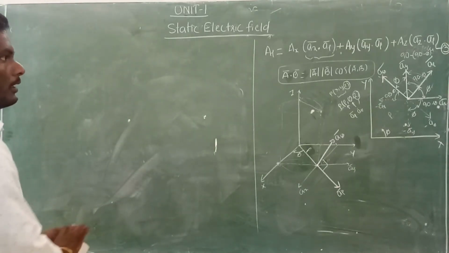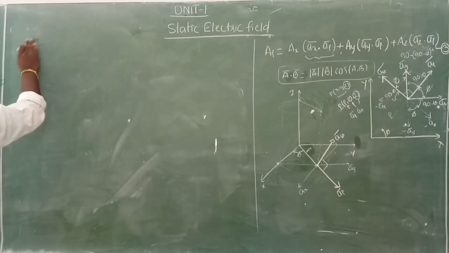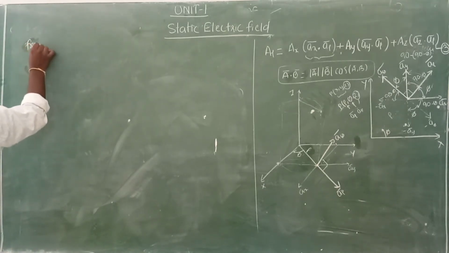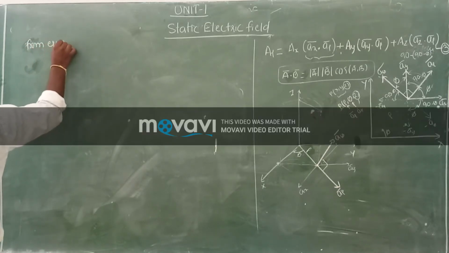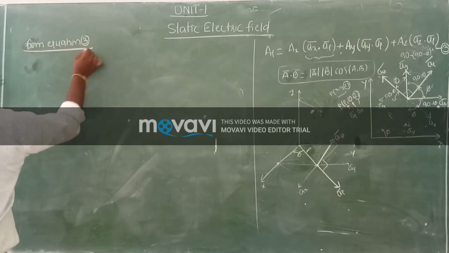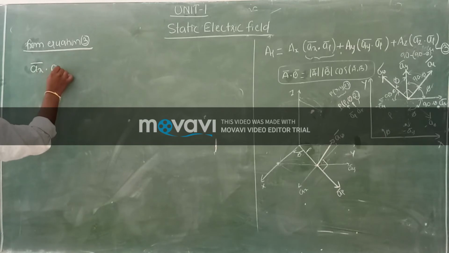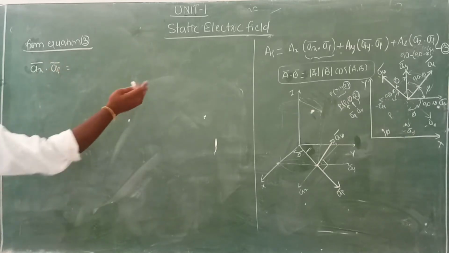Okay, now I am calculating the dot product from equation 3, the dot product between a_x bar and a_rho bar.